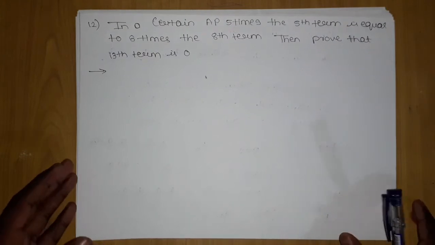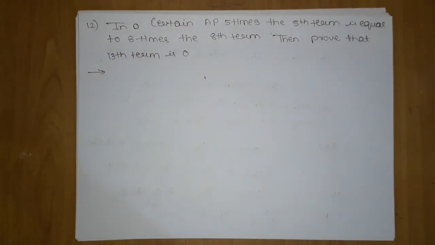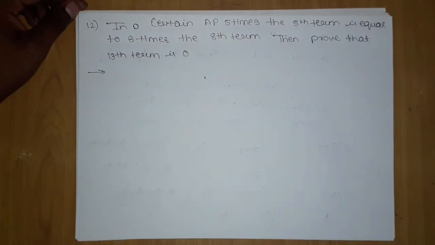Question number 12 says as follows: in a certain AP, 5 times the fifth term is equal to 8 times the 8th term, then prove that T13 is 0. Now see, this is a similar question which is coming in numerical form, with numbers. How will we calculate it?